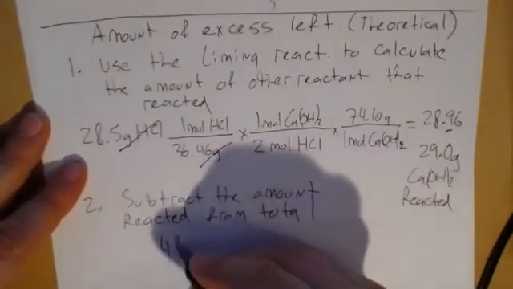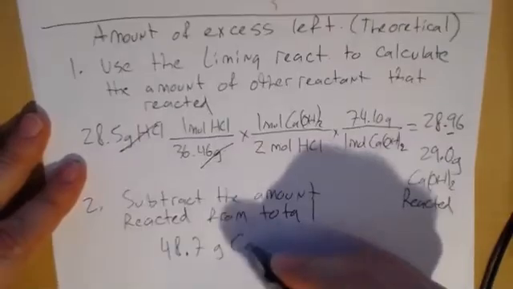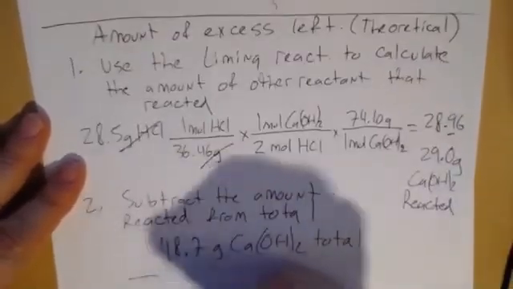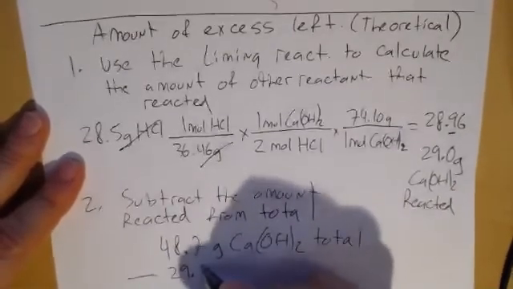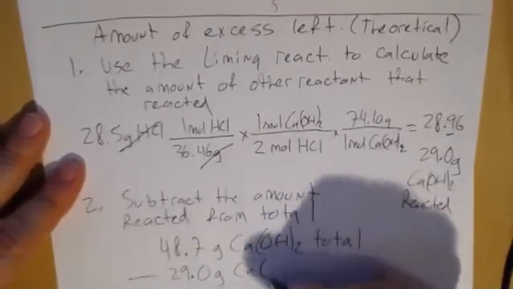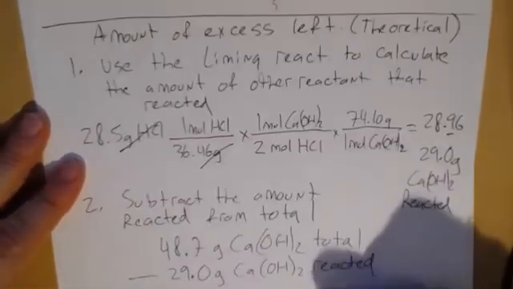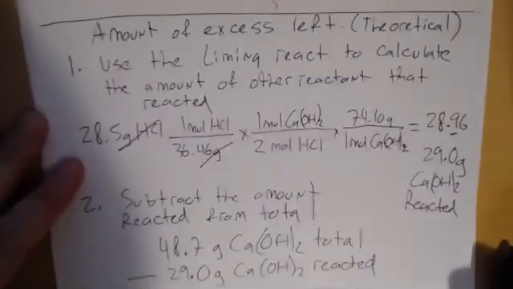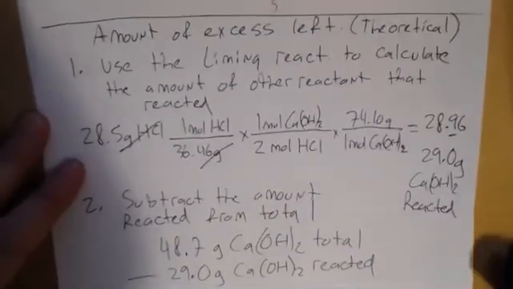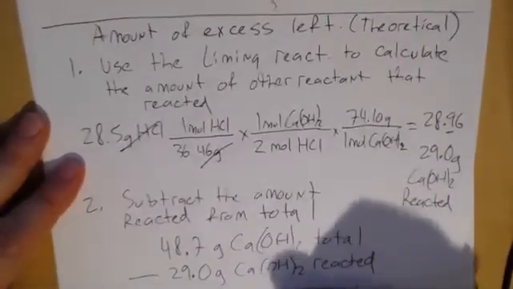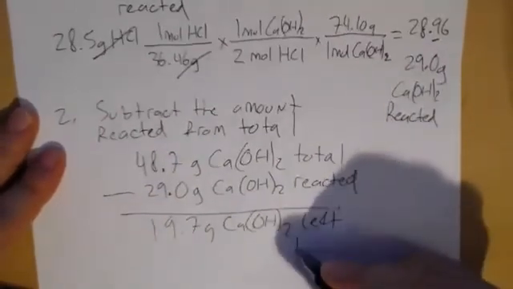So I'm going to take 48.7 grams of calcium hydroxide total minus 29.0 grams calcium hydroxide reacted, and that's going to give me 19.7 grams of calcium hydroxide left, theoretically.